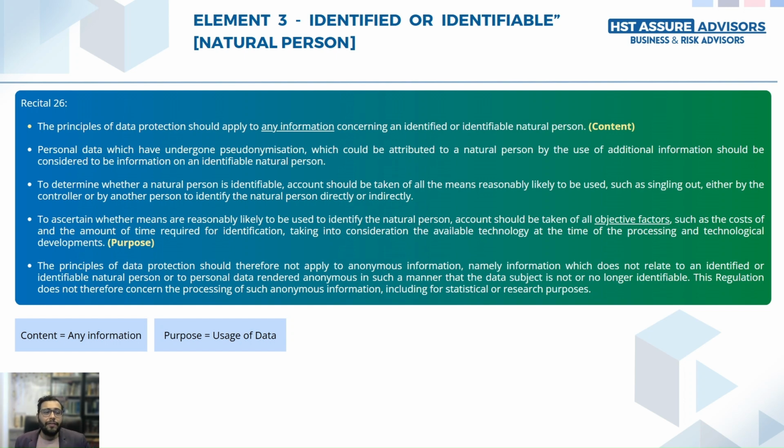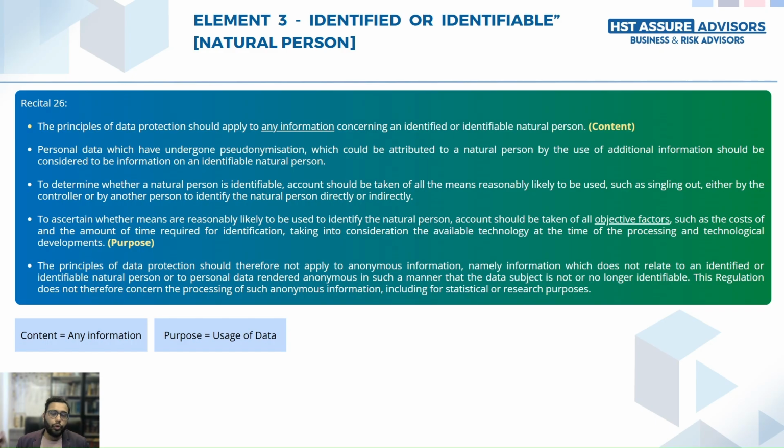It is also given in recital 26 that to determine whether a natural person is identifiable, account should be taken of all the means reasonably likely to be used, such as singling out, either by the controller or by any other person, to identify the natural person directly or indirectly. So that is your very important recital 26, which focuses on information, content and purpose; number two, the objective factors; and number three, both direct and indirect identification.